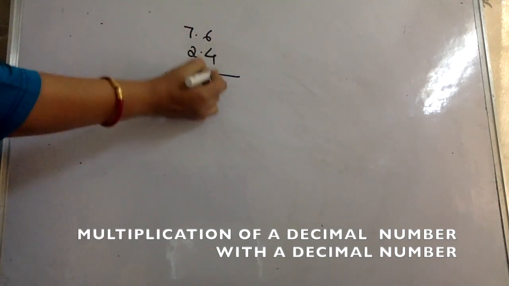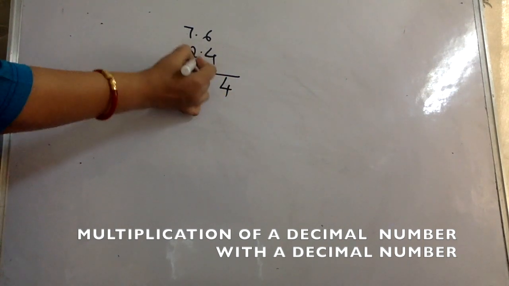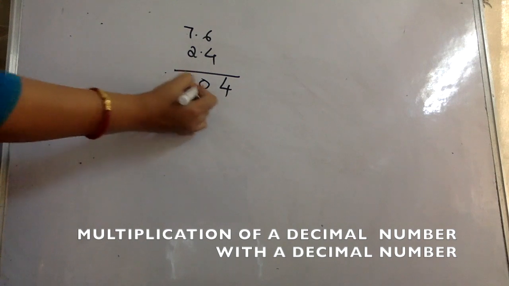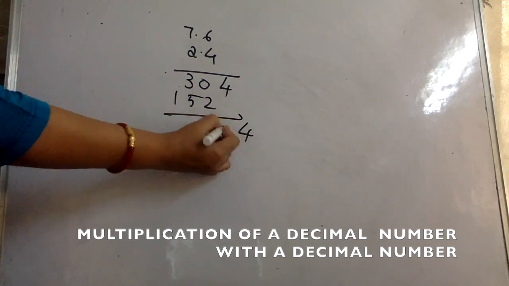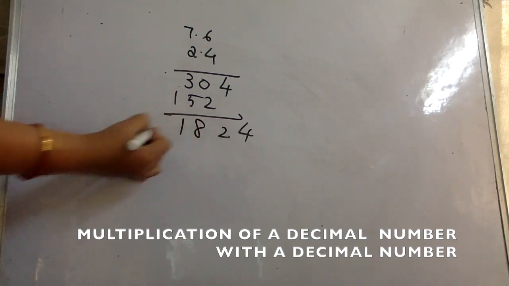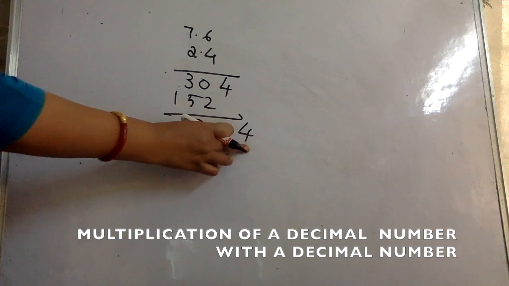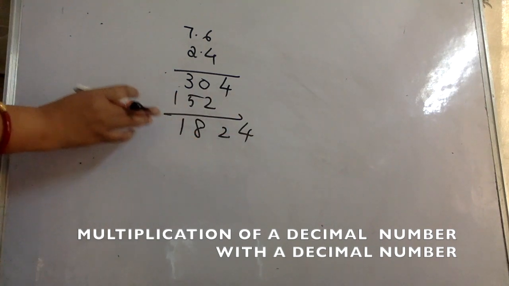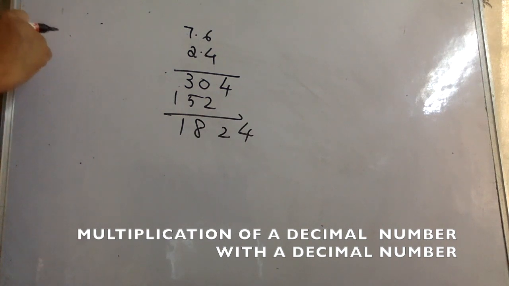So here this is 24, 2, this is 28, and then 30. Then 12, 1, this is 14, and 1, 15, and a 4, and a 2, and an 8, and a 1. So I have 1824. Let me quickly check. 24, 2, yeah, right, and this is 12, 1, yeah.